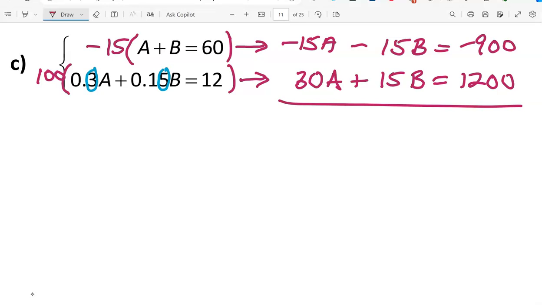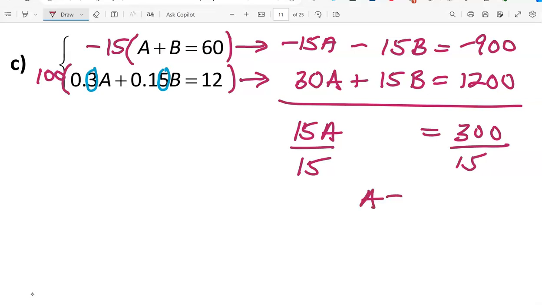And adding the two equations together, we get 15a is equal to 300. And now dividing by 15, 15 goes into 30 twice, so into 300 20 times.